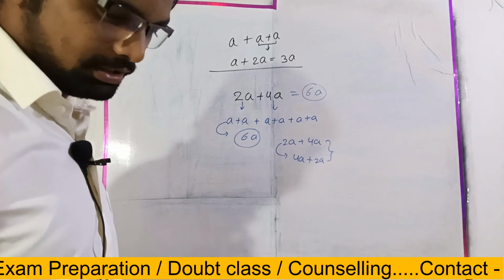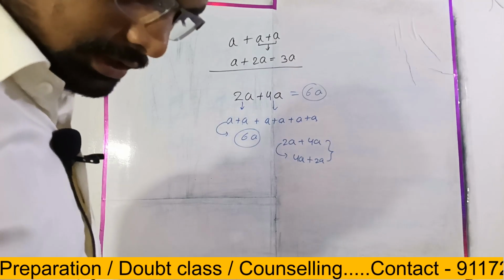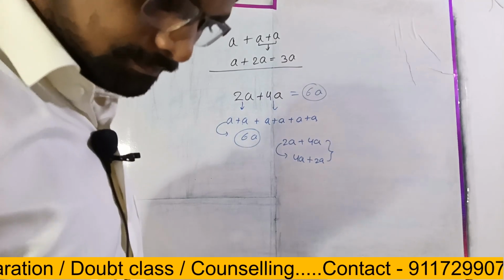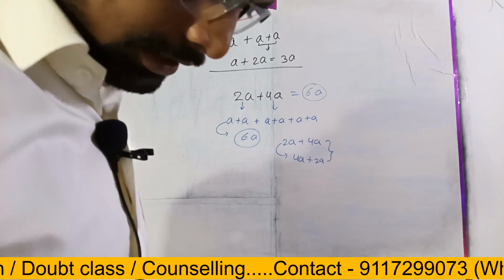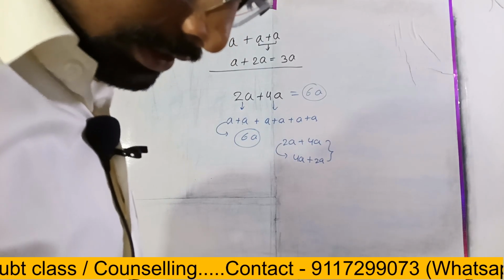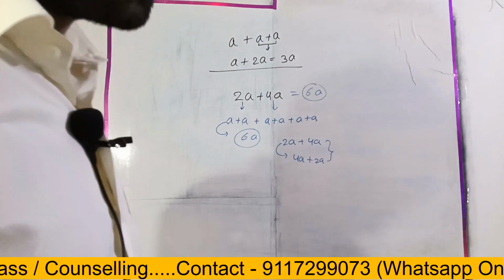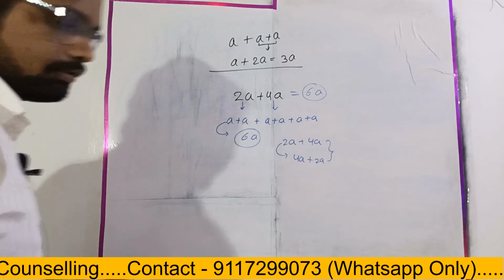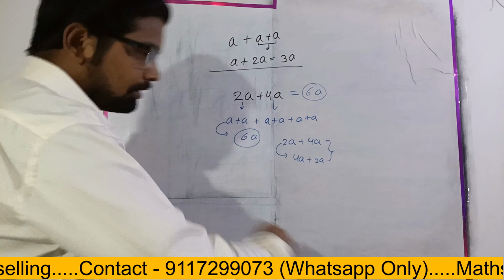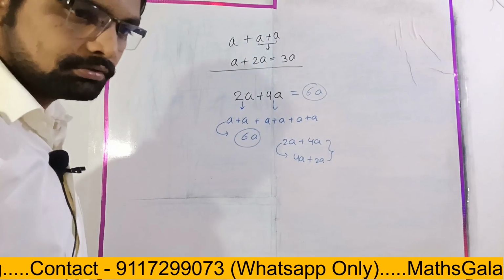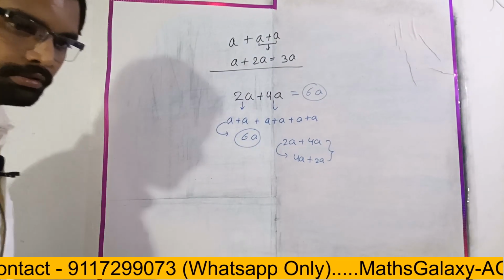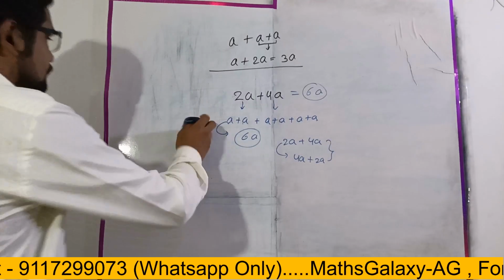I think you can do it, right? Now let's see subtraction. As we have done for addition, now let's see for subtraction. Do you want to note it down? No. Okay.